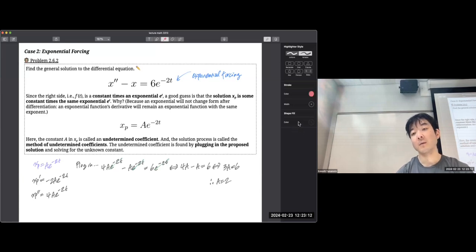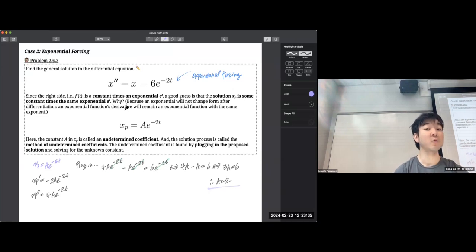So that's it. It's just a second order equation, but everything about it was the same as if it was a first order equation. You propose the right-hand side to be the same form as the e that you see on the right-hand side. That's the only way you can ensure that every term on the left is going to have an e to the negative 2t term.